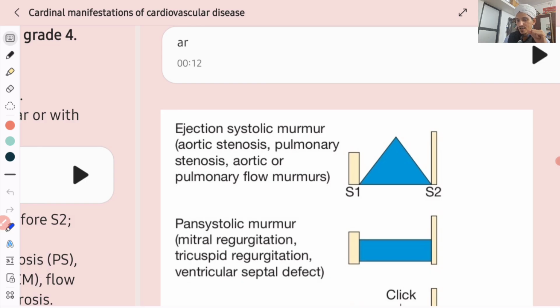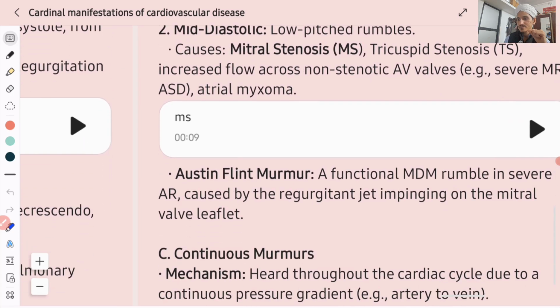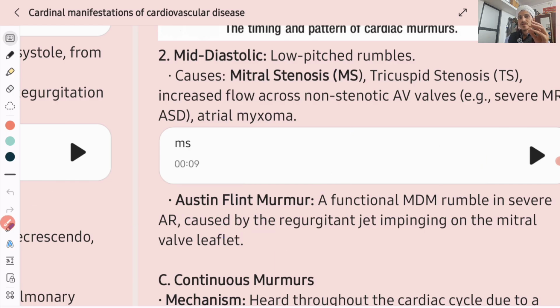Okay, then coming to mid-diastolic murmur. These diastolic murmurs are also known as rumbling murmurs, diastolic rumbles they are called. Rumble is nothing but, in other words, the sound which comes when the train is running on its track.